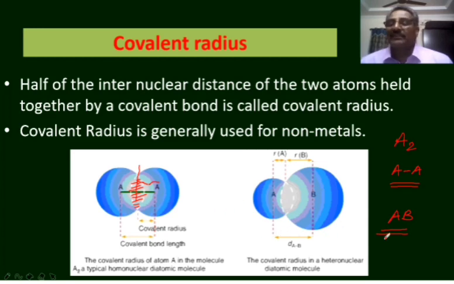In the case of a heteronuclear diatomic molecule, the distance between two atoms of different elements is measured. If the covalent radius of one of the atoms is known, the covalent radius of the other atom can be calculated. Let us see how.